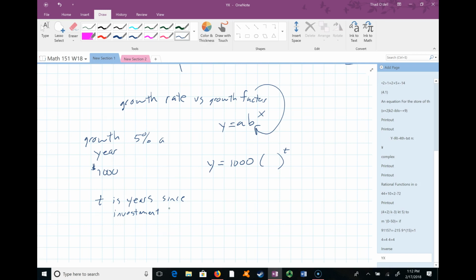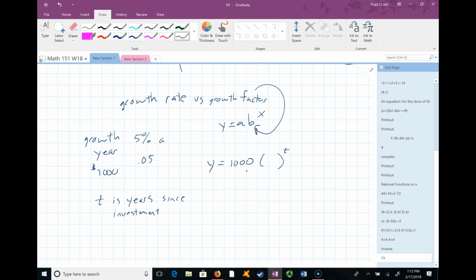Now the key here is that I don't want to just multiply. Now we know that 5% is the same thing as 0.05 as a decimal, right? But we don't want to multiply by 0.05 here because that would just give me how much interest I gained, or what the growth is. But what I want to know is how much money I have in my account presently, or how much the total amount is.